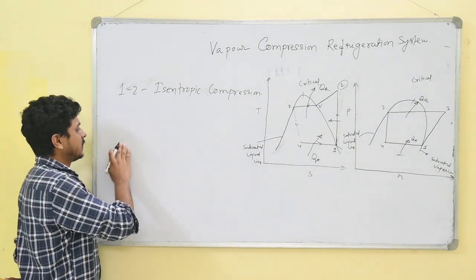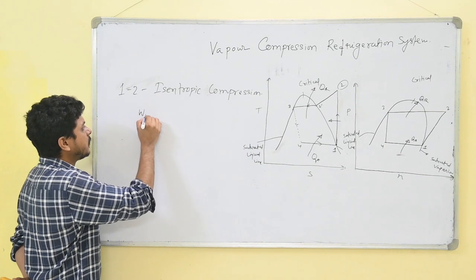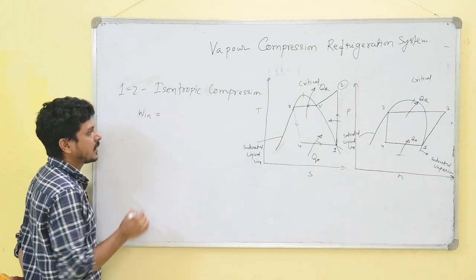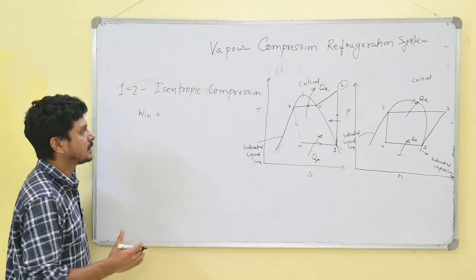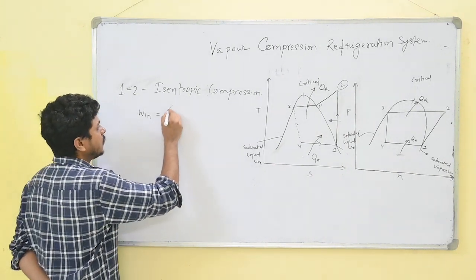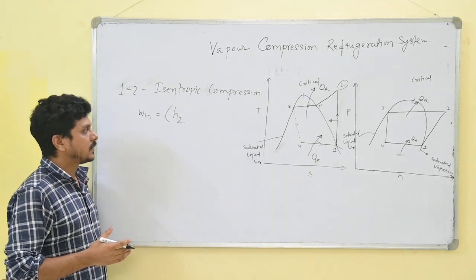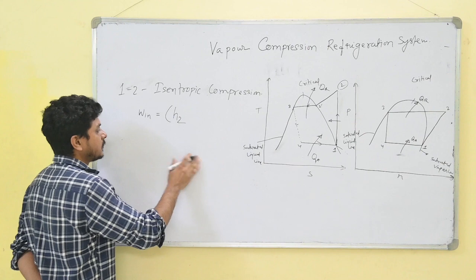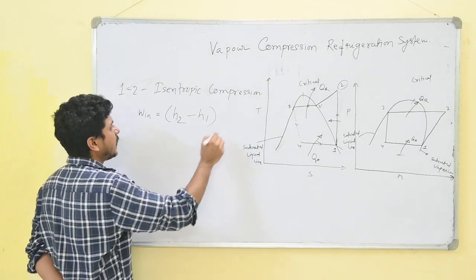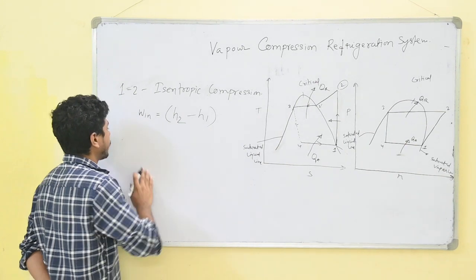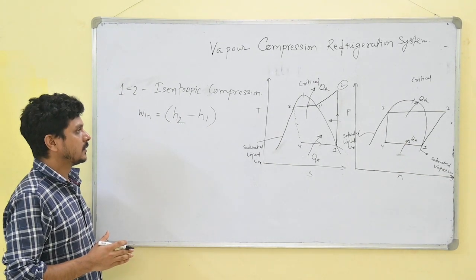And here the required work input to the compressor equals the outlet enthalpy of the compressor, H2, minus the inlet enthalpy of the compressor, H1. This is the work input required to run this compressor.